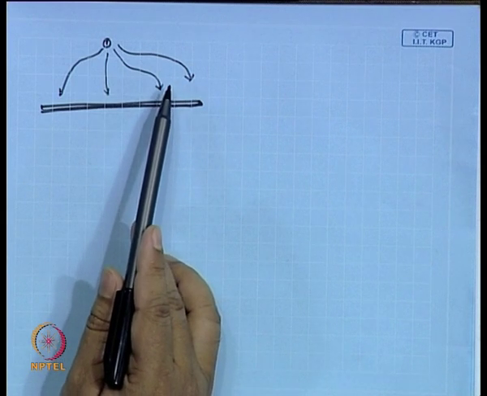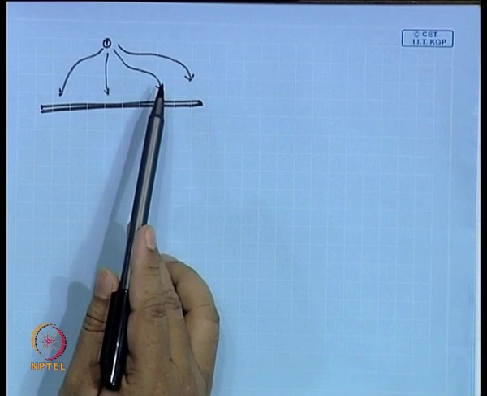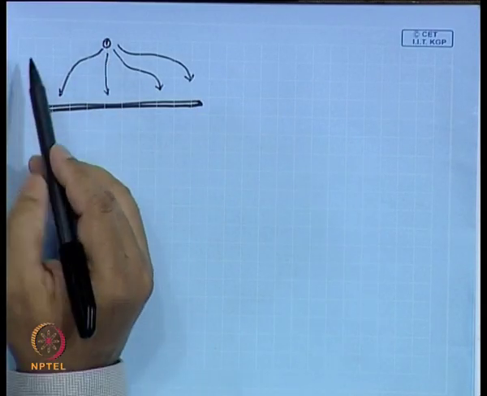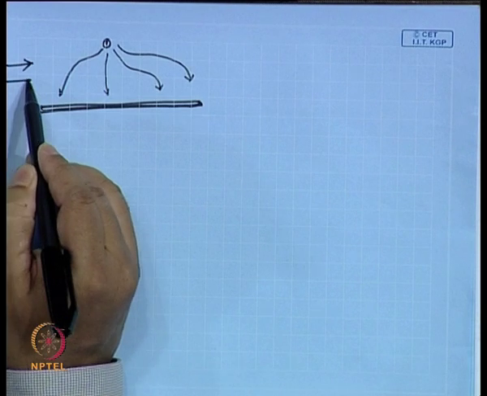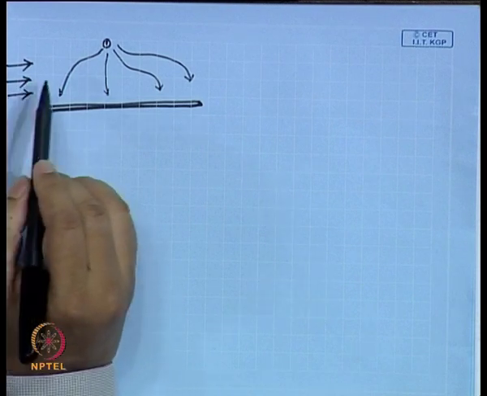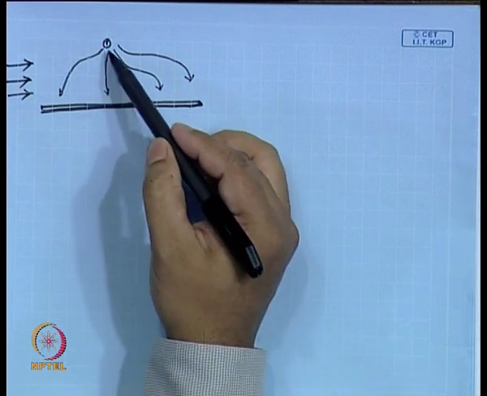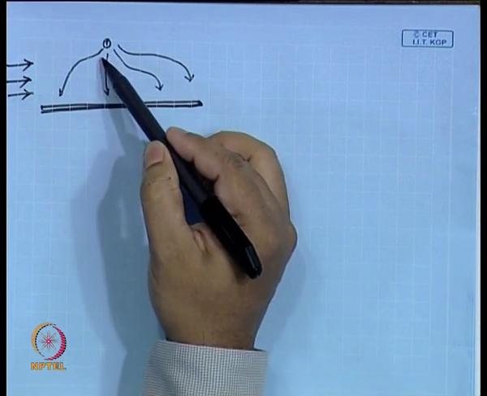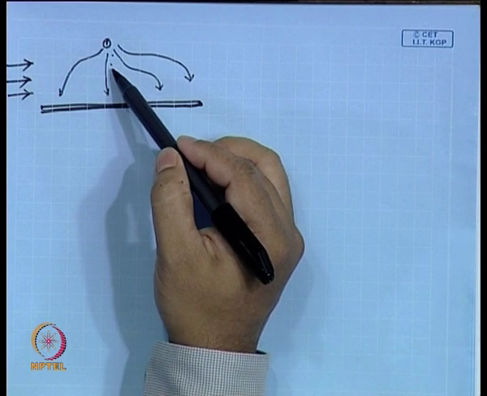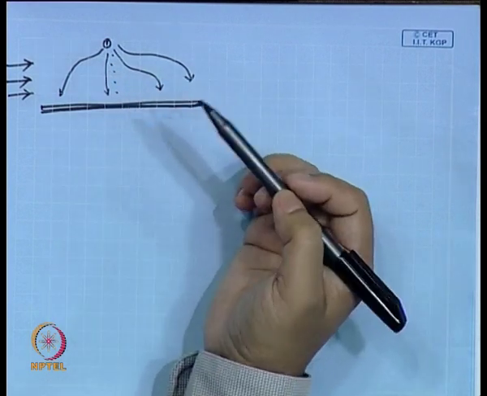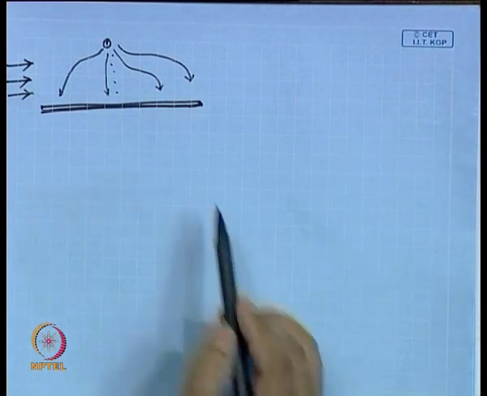Or somebody can work in a field flow fractionation mode, where you have the upper electrode and the lower electrode, and then you have laminar flow, parabolic velocity profile going in this direction. In that case, if the particles are settling depending on the force balance at various locations, they will be eluting at different times at the outlet.